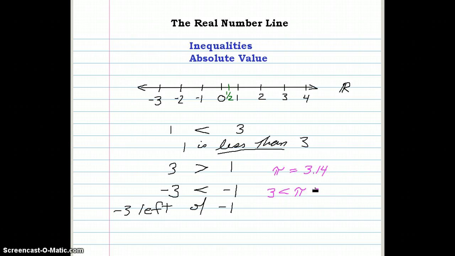But pi is also less than 4. So this is basically telling me that pi is between the integers 3 and 4. If I put that on the number line, it would show up somewhere here, right? A little bit closer to 3 than 4, but this would be the number pi.